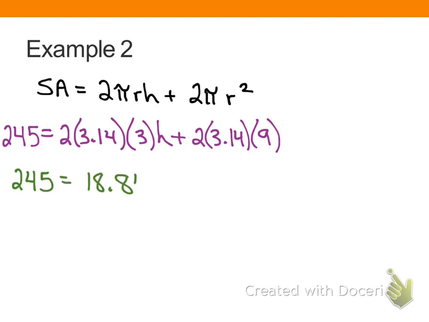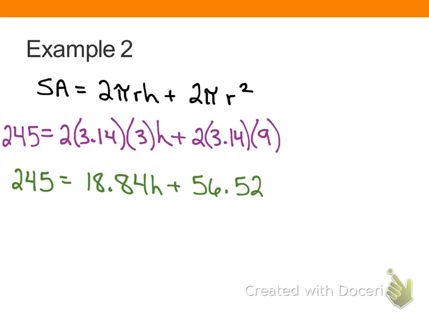And then what about 2 times 3.14 times 9? 56.52. Yeah, same thing as example 1. It's the same dimensions, 56.52. All right, oop, I forgot my H. That's important. Okay, 18.84 H plus 56.52.